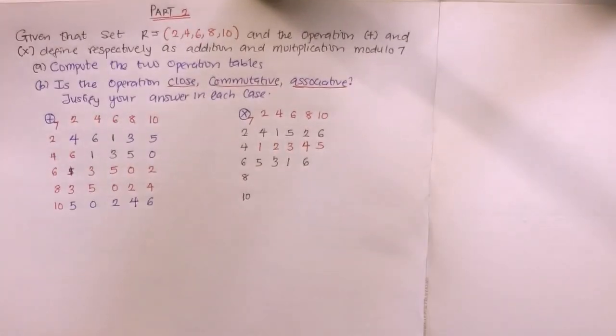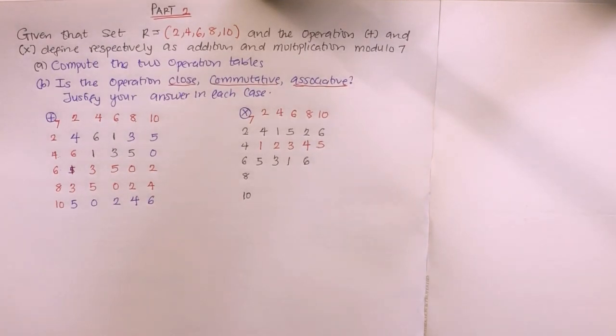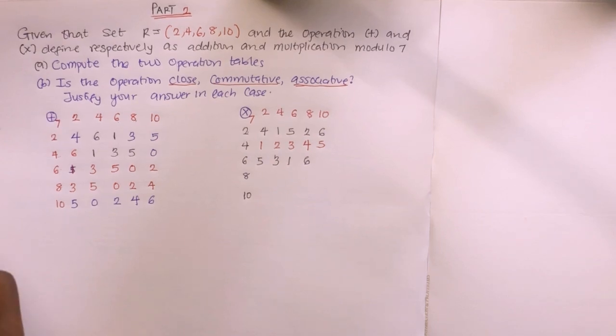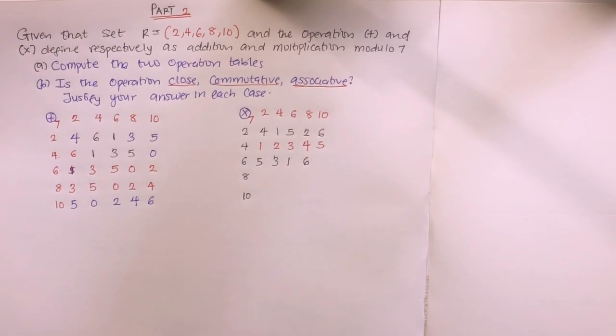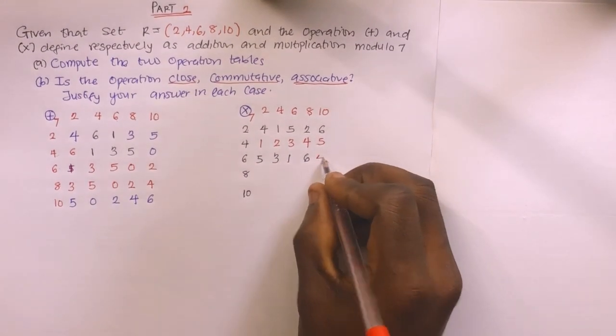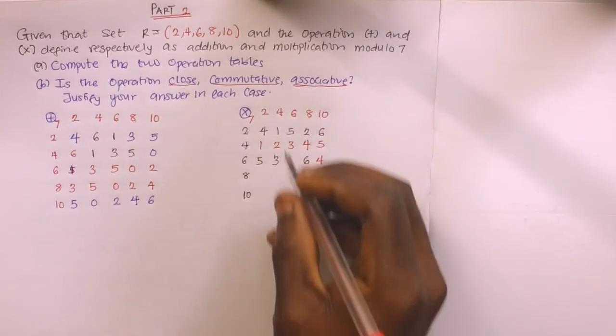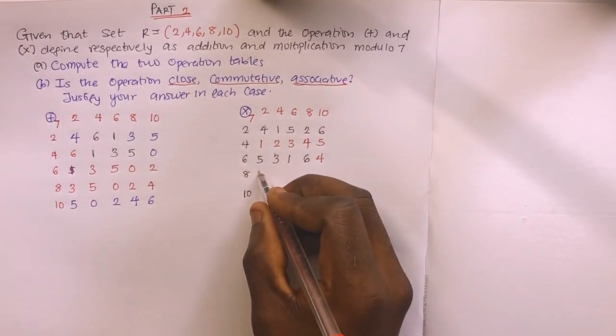Then 6 star 10, that's 60. Seven times 8 is 56, so I should have my 4 here. Then 8 star 2 is 16, which gives 2.